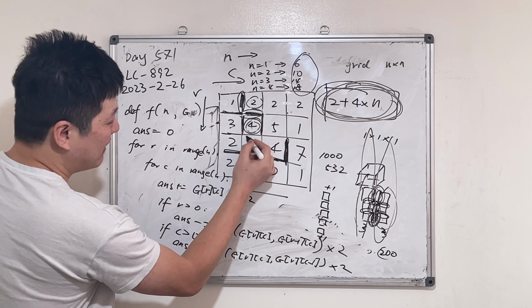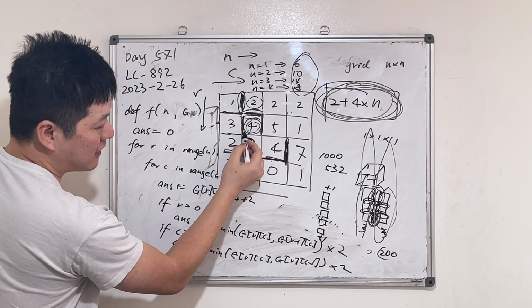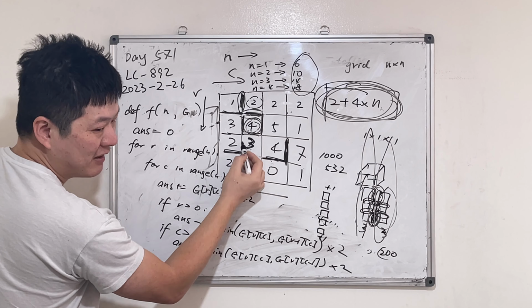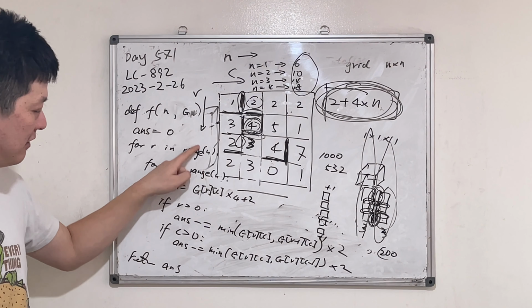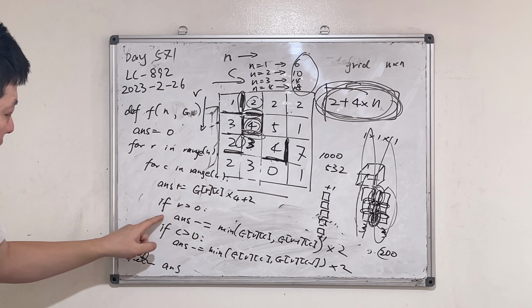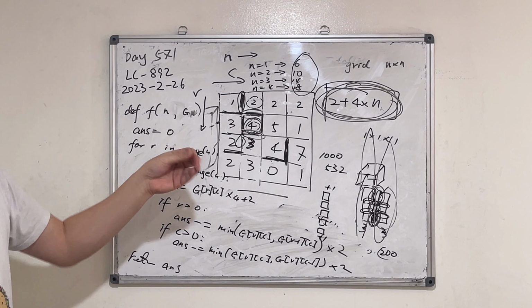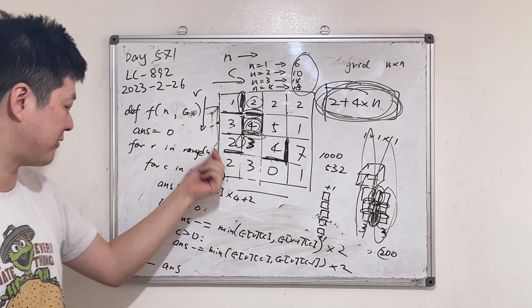Here this is 3, this is 4. How many do we need to subtract? 6 for here, and 4 for here. The time complexity is O(n) squared, n times n, or O(n) where n is the number of cells in this grid.